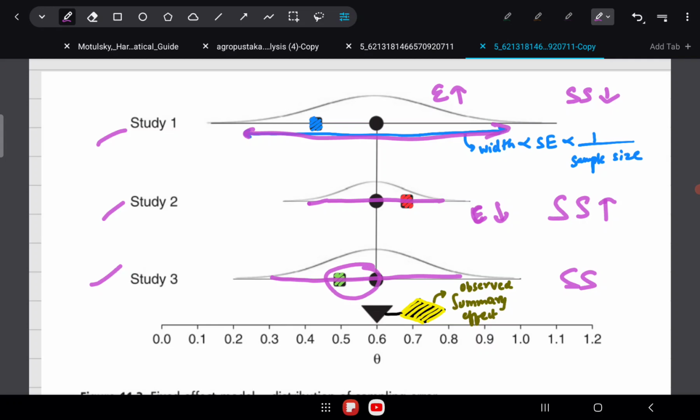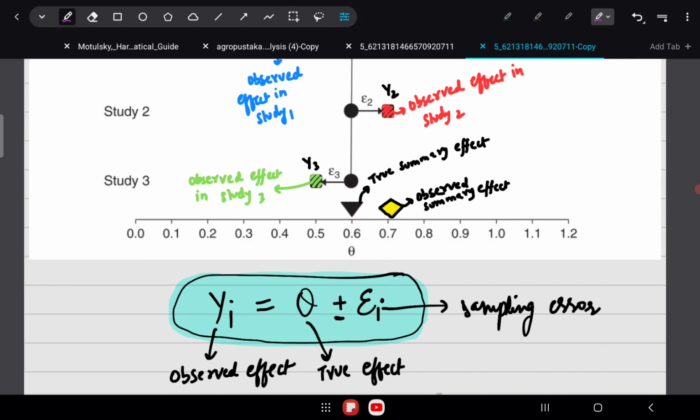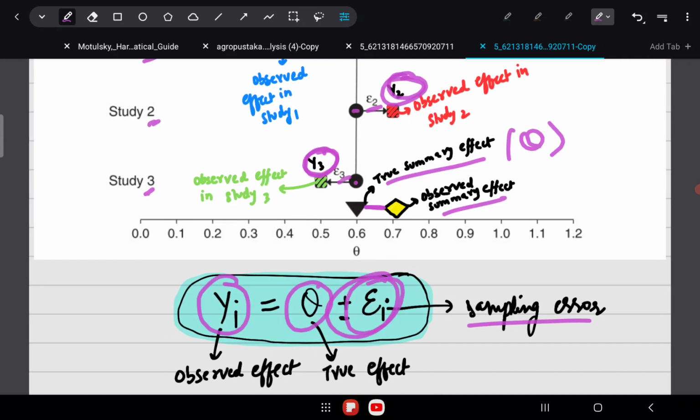So basically what I want to say is the sampling error depends on the sample size of the individual study. Hypothetically speaking, if the sample size of the study approaches infinity, then the sampling error would amount to 0, and the observed effect of the study will be exactly the same as the true effect of the study, right? So the observed effect will approximate the true effect.